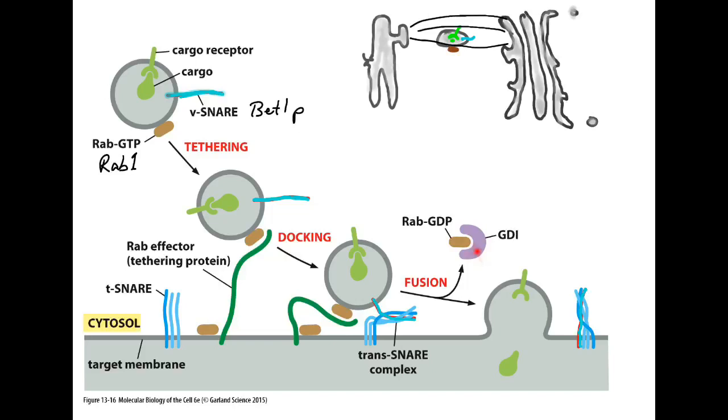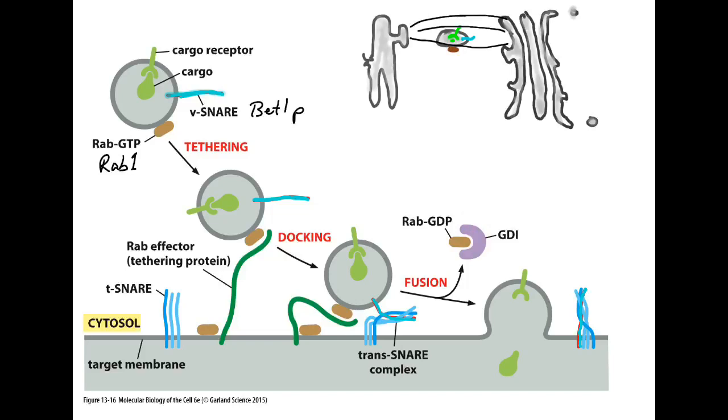So the steps really begin here with an inactive form of RAB, which is again GDP bound, stabilized through the interaction of a protein called GDI in the cytoplasm. So this is the state that RAB would be in during the coat formation and the translocation of the coated form of the COP2 vesicle.